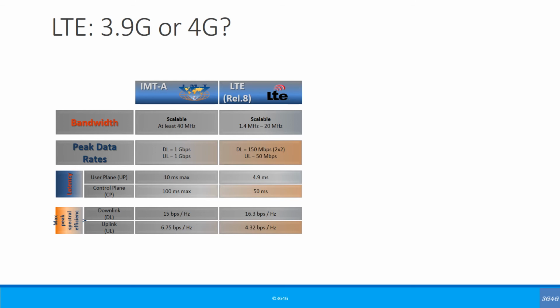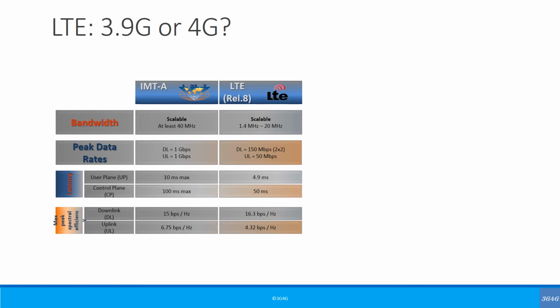So this was 3GPP release 8. Some of you may not know about these 3GPP releases, but for those who understand, this was the first version of the LTE technology. And the maximum data rate you can get is 150 Mbps in the downlink and 50 Mbps in the uplink. Now this is the theoretical. The practical data rates would be much lower, right?